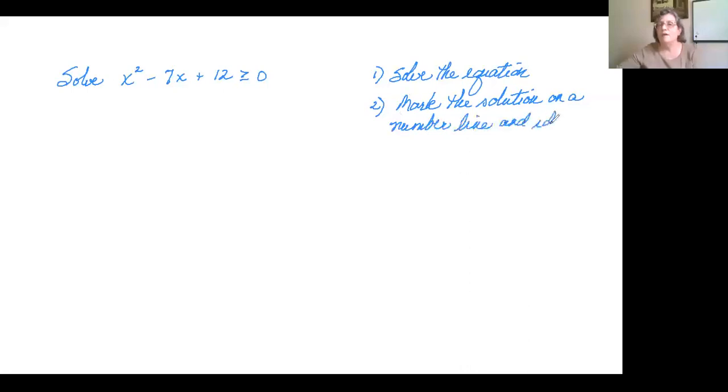And identify the intervals that this marks out. We want to find a test value in each interval.